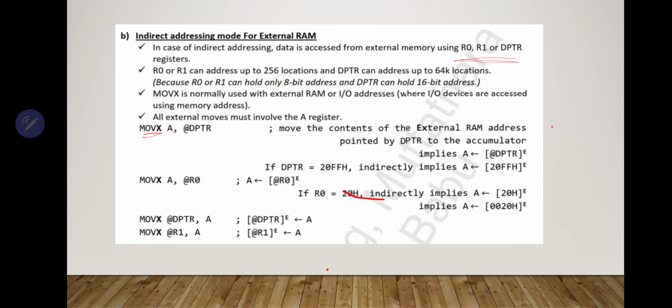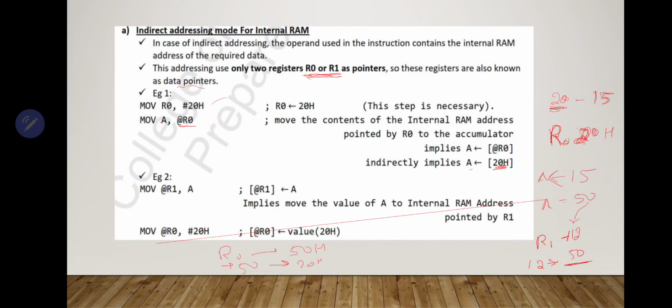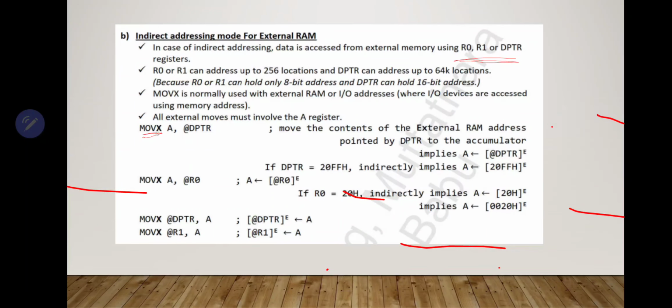Internal RAM uses only MOV, but external RAM uses MOVX. R0 and R1 can address up to 256 locations because they are 8-bit addresses, and the data pointer is a 16-bit address, so it can access 64K locations.